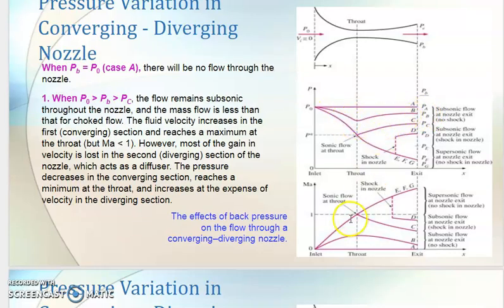Okay. So now the velocity starts to increase up until the throat and reduces back. But here, for back pressure at B, the value is reduced, but not until the throat becomes sonic flow.